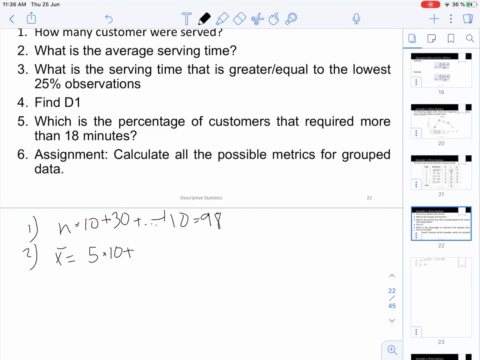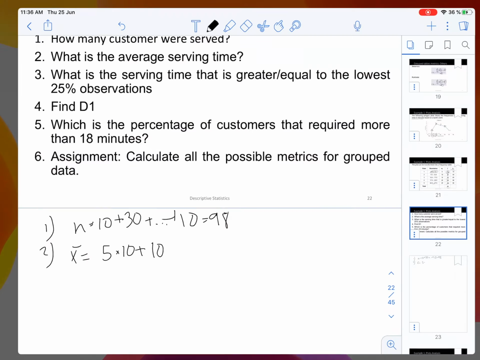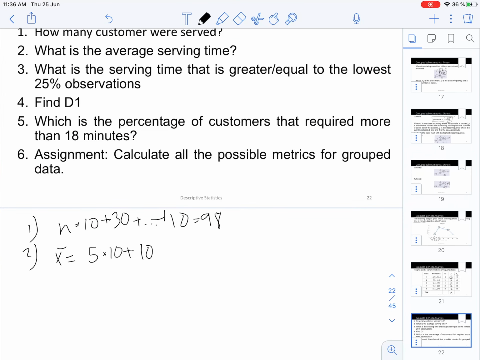So this is 5 times 10 plus 10 times 30. And the last class is 25 times 10. The whole thing divided by 98, number of observations, right? So that will give us an approximation of the average time.